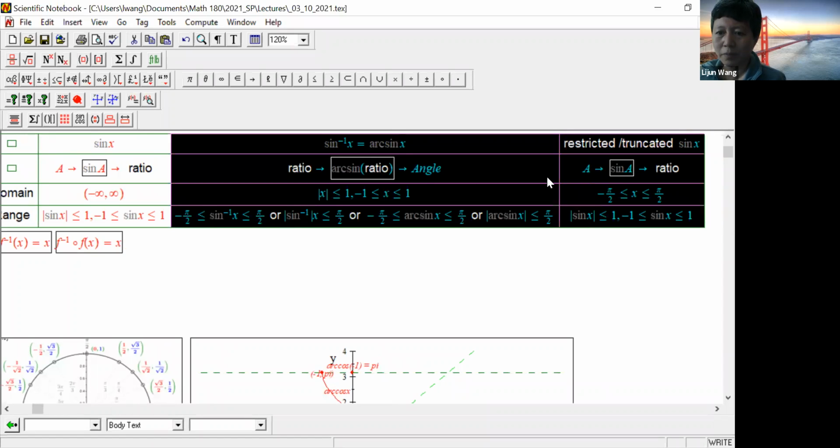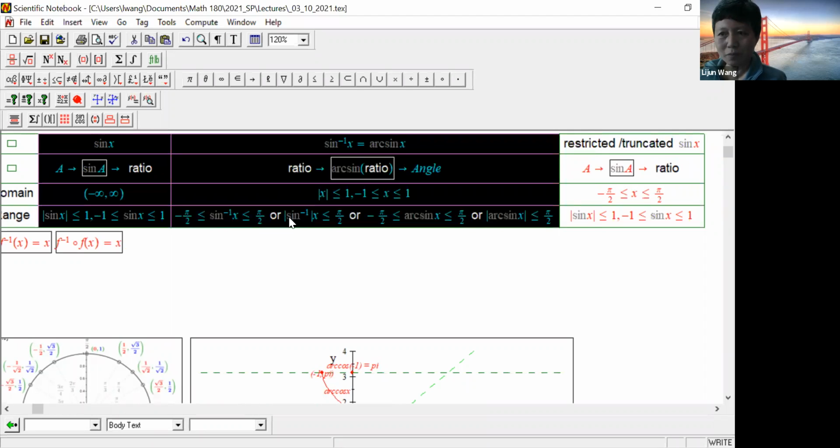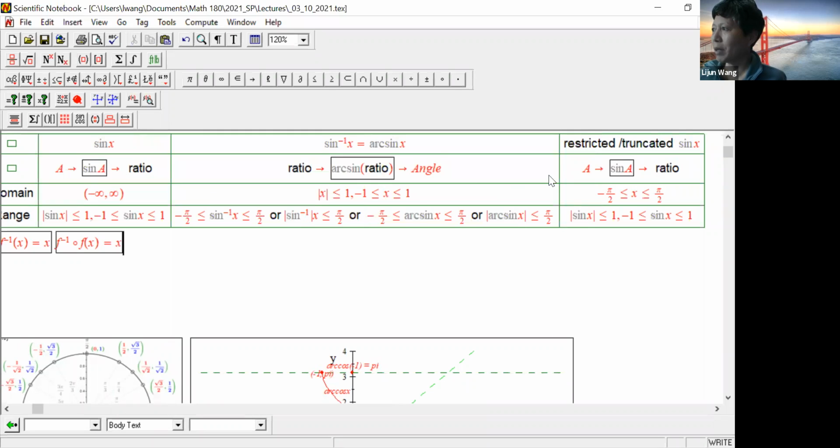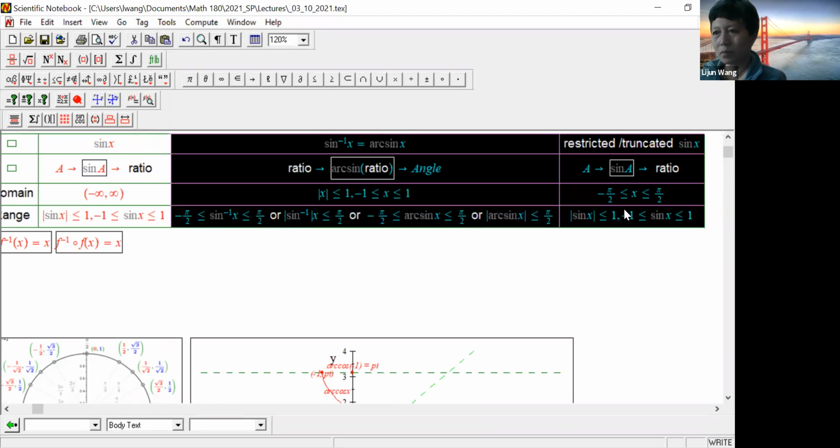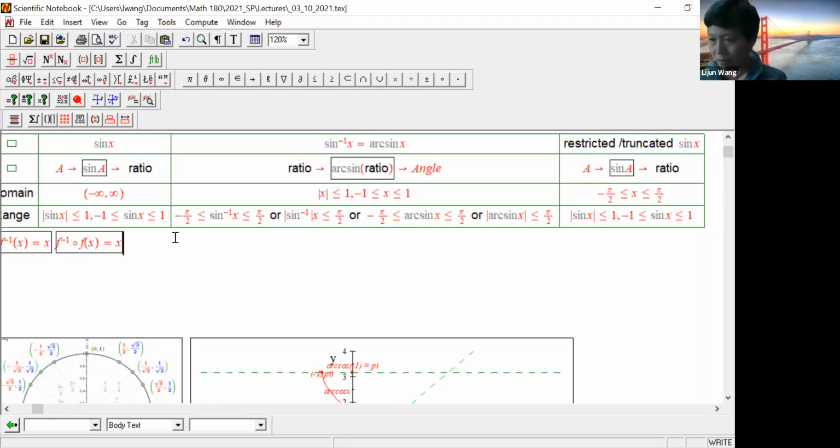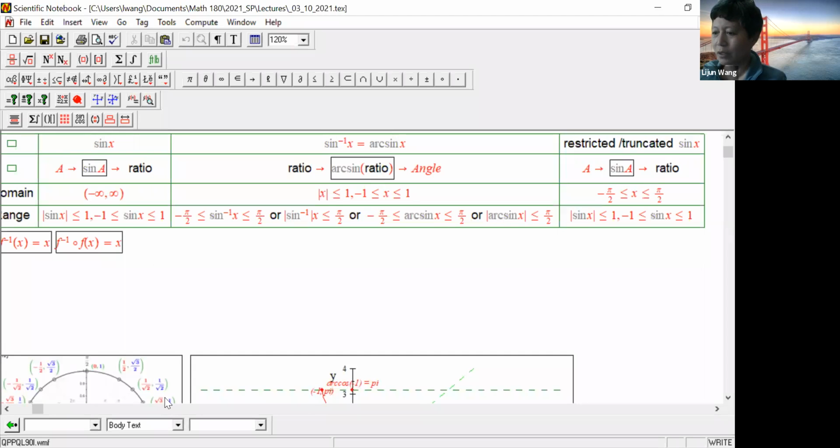You follow me? Does everybody follow me? It doesn't apply to these two because they're not inverse to each other. It applies to these two. And how is it written? I'm going to show you.